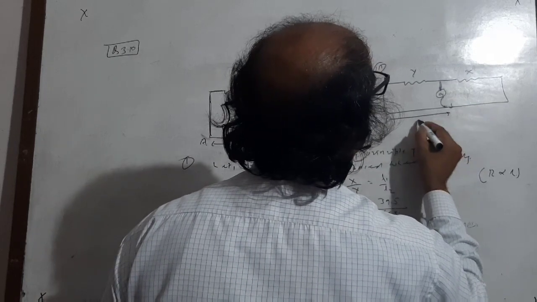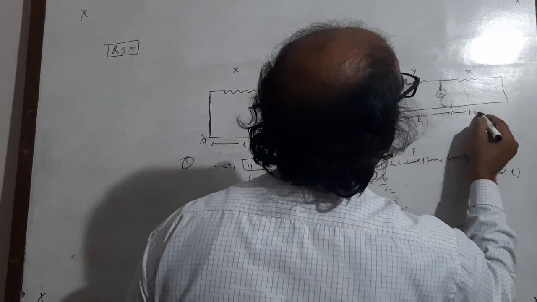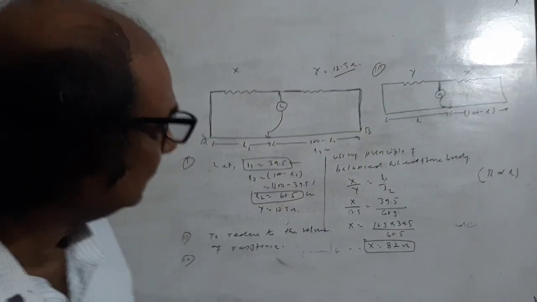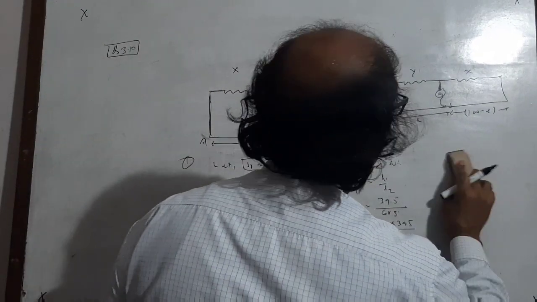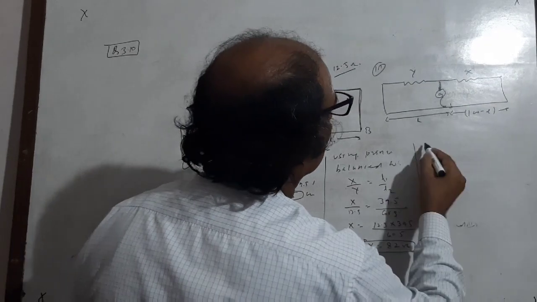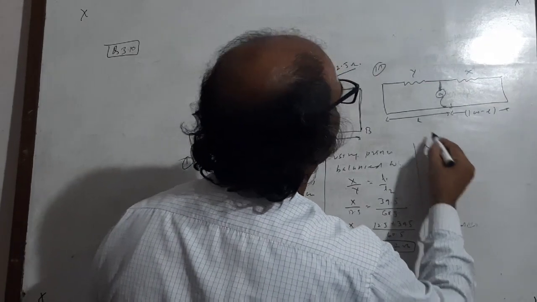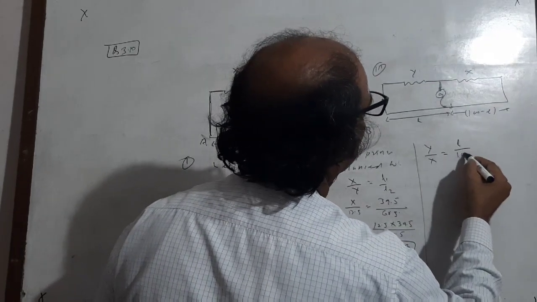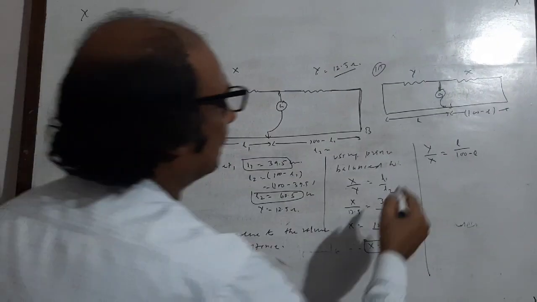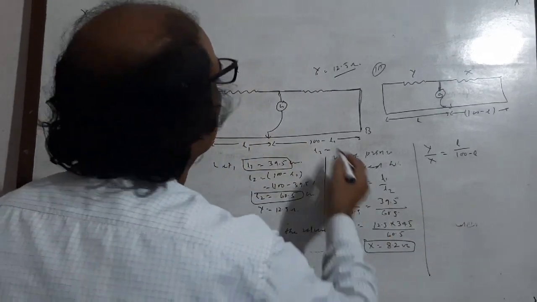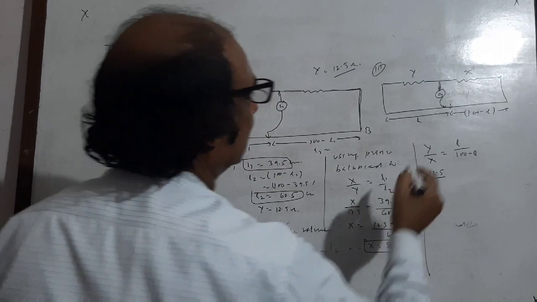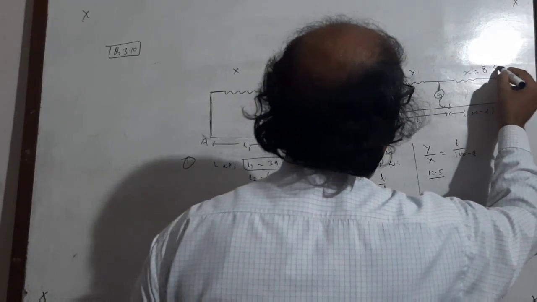So this one is L, this one is 100 minus L. Using the same principle here also, for the balanced bridge, Y by X equals L by 100 minus L, and Y equals 12.5, and X is already calculated here, 8.2 ohm.